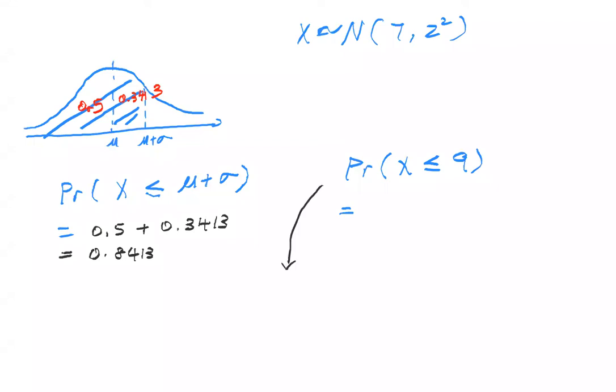This is your upper. So your upper is 9. How about your lower? Listen, there is no lower, so we must put negative 10 to the power of 99. Please, it's not 10 to the power of negative 99, it's negative 10 to the power of 99.